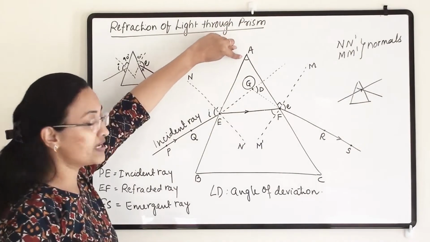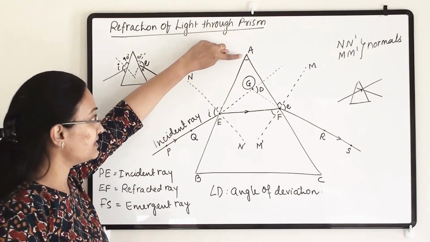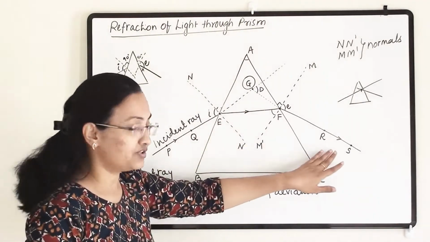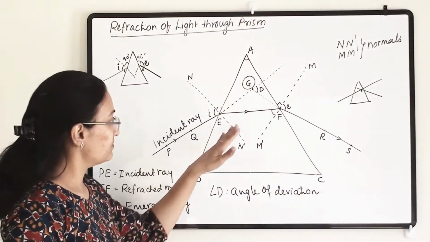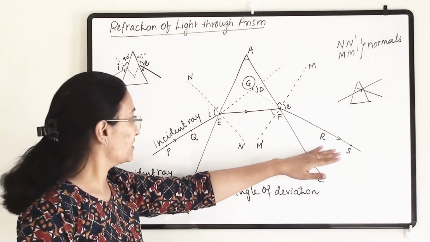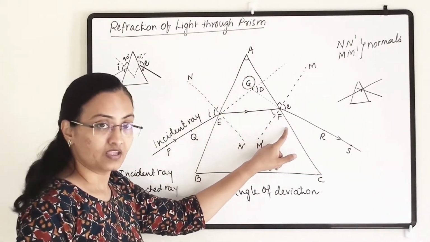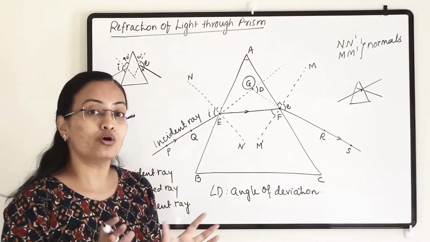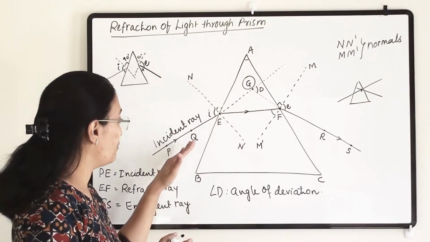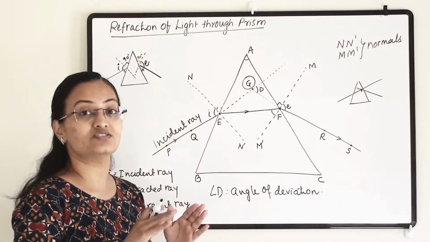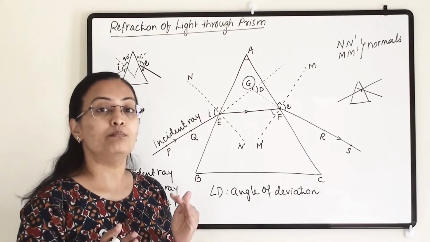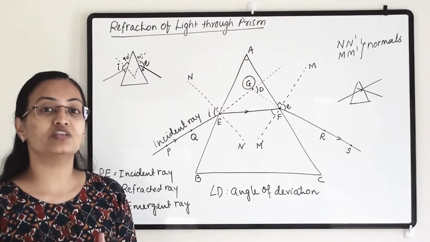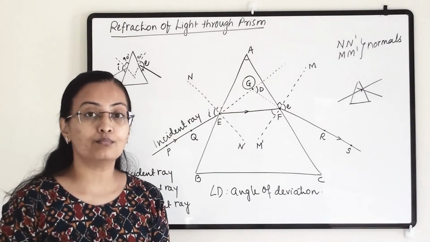This angle is known as the angle of prism, and that is A. So there are 3 rays, the incident ray, refracted ray and emergent ray, and 3 angles, and along with these there are 2 normals. With all of this we get an idea that when any light ray changes its medium, it will bend and show refraction, depending upon how much denser that medium is compared to air.